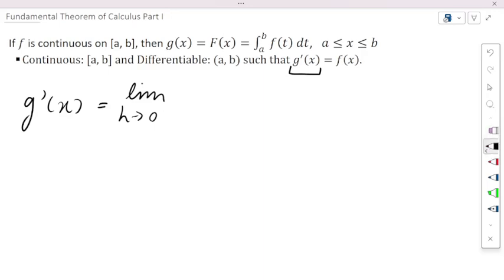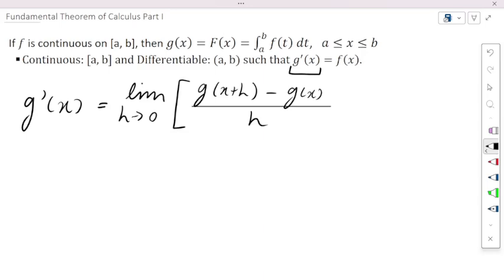The limit as h approaches 0 of, inside our parentheses, it's not f, it's g of x plus h, because remember we're working with a function g, minus g of x, that difference, all divided by h.